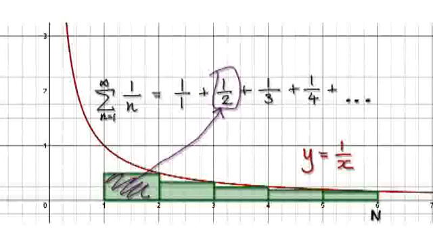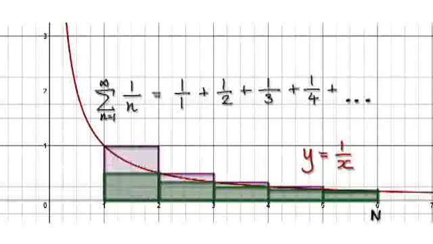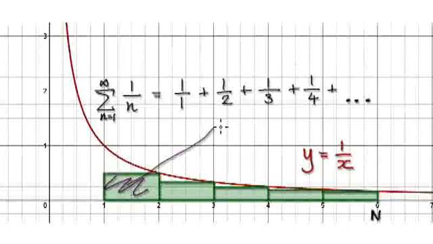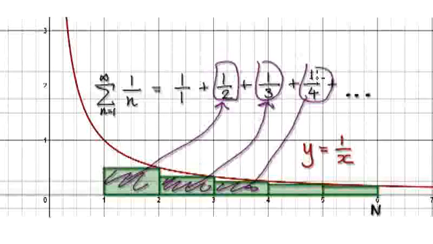The upper sum gave us an area of 1 here, so the first term would be 1. But because we're now looking at Riemann's lower sum, this area here would actually be a half. And then the second one would represent this, and the third one would represent this, and so on.